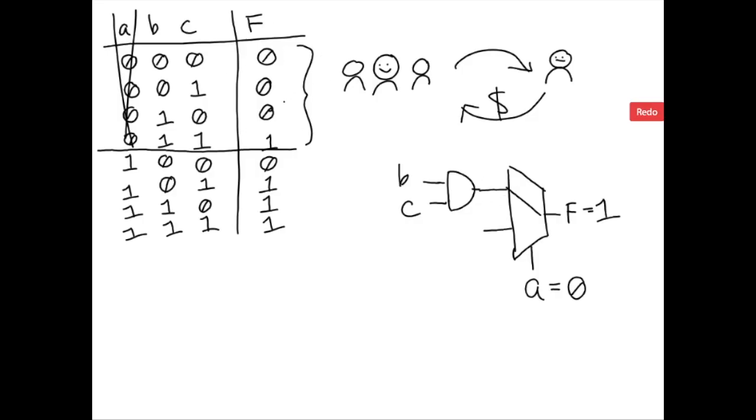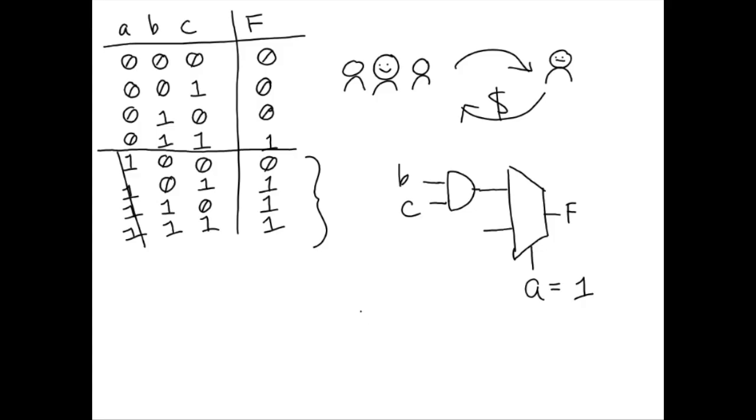So now let's see what we can do when A equals 1. This time A is equal to 1, so we're going to use that to represent this whole portion of the truth table with just this line. Again, A is redundant, and we're going to use B and C to find a relationship with F. This time we'll notice that anytime B or C is equal to 1, we're going to get an output of 1, and when they're both 0, we get an output of 0.